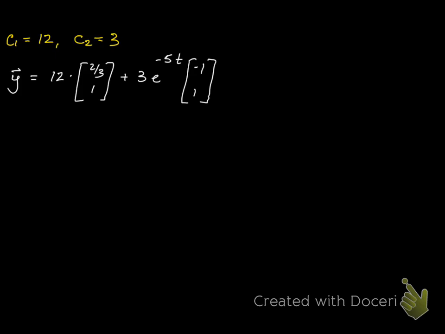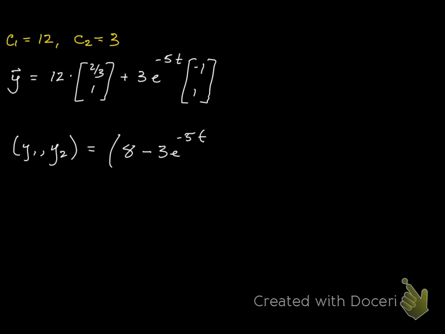And now to write this in its component form, right, Y1 and Y2 separately, I have 12 times 2/3. 12 times 2/3 should give me an 8. 8 plus negative 3 e to the minus 5t, right? So that's 3e to the minus 5t times a negative 1, and that's why you see the negative 3 out there.